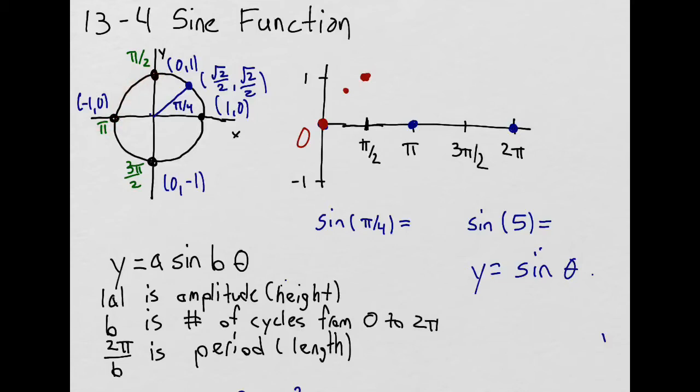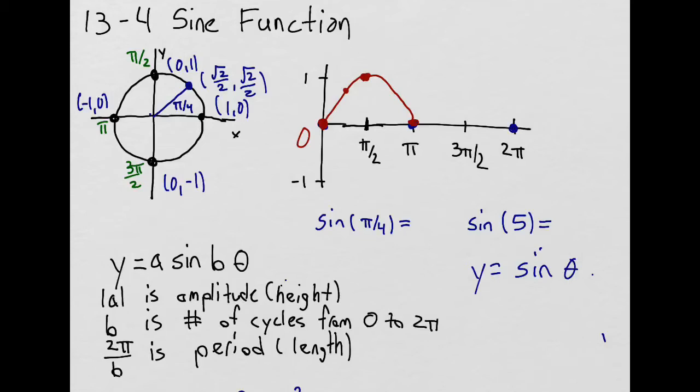So at pi, I'm going to put another dot there and fill in the curve. This is the top half of our curve, going up and going back down again.